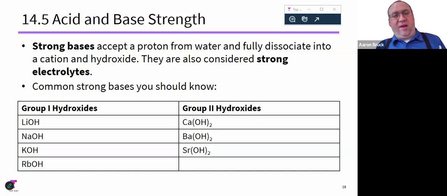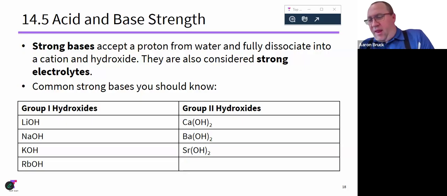That's group 1 and group 2, basically. And again, because their dissociation is considered complete, and because their reactions are considered one way and not reversible, we consider those strong electrolytes. These are the kinds of things that in a net ionic equation, we break apart completely.